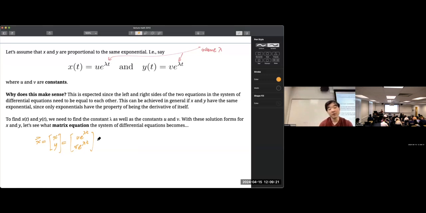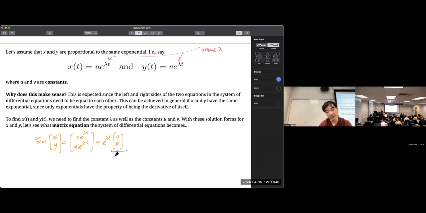And some people like to write this out as, since there is e to the lambda t that's common between those two, we can pull that factor out of the vector. And then we're left with u and v. Okay. And then I'm just going to redefine this as shorthand, the u v vector, similar to how we said the x y vector is the x vector.